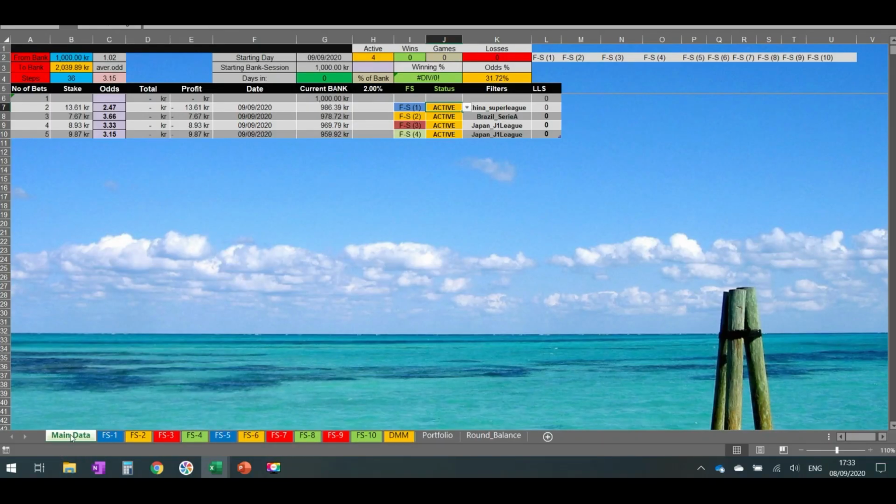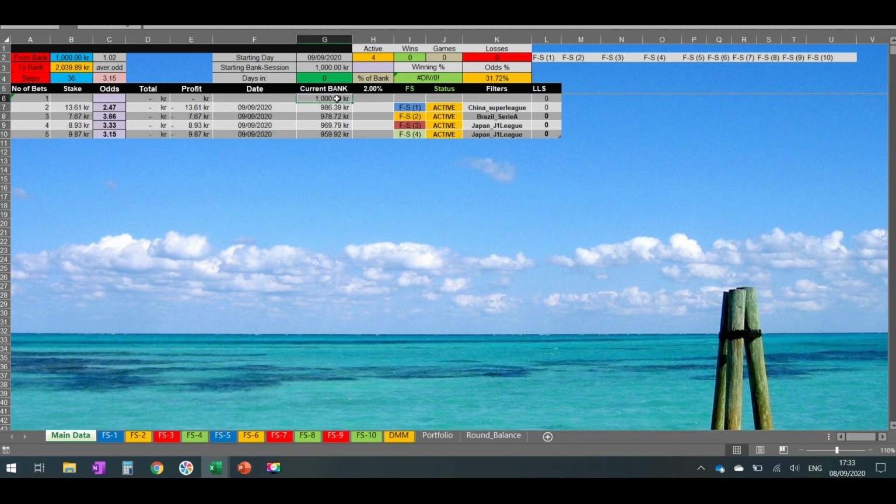So here at the first tab, which is called main data, this is like the logbook where we write down all the bets that we do. So you can see the 4 bets that we made: the first tab, the second, the third, and the fourth, and those are done here: first, second, third, fourth. They are active right now, so this is the amount of money that we staked, the odds that we picked for this specific bet, and this is the date, 9th, and this is the current bank.